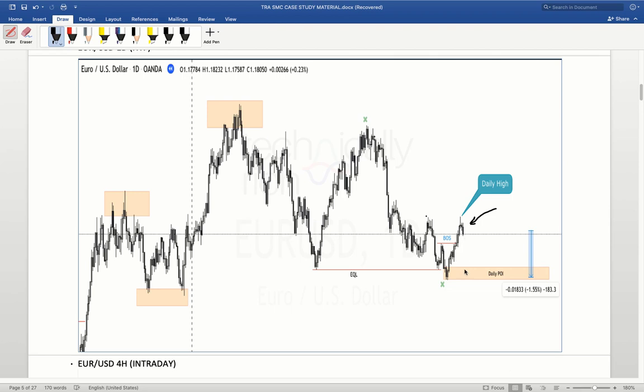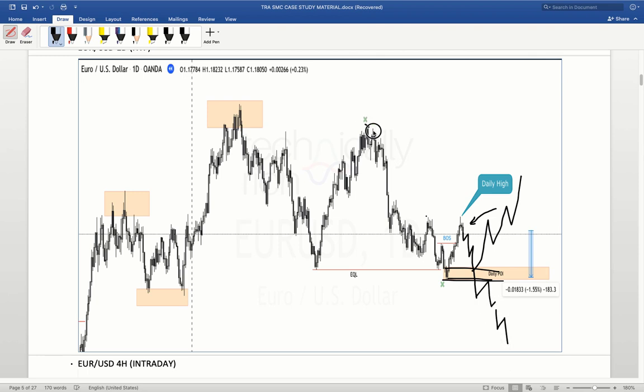But price has to do what? We're expecting a retracement back to this POI here on the daily time frame before we can say, okay, maybe the price will continue up, unless the price breaks this area here. If price breaks this area on the daily time frame, then we still expect the price to keep going down.